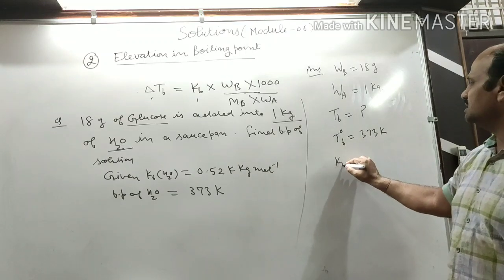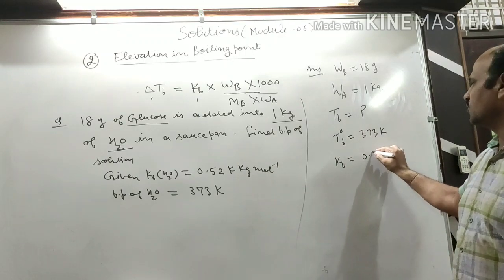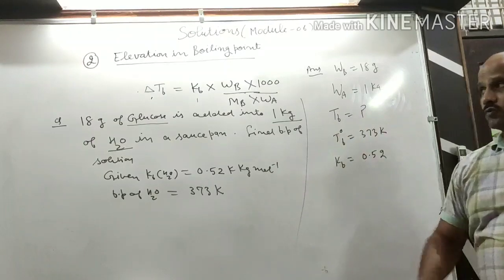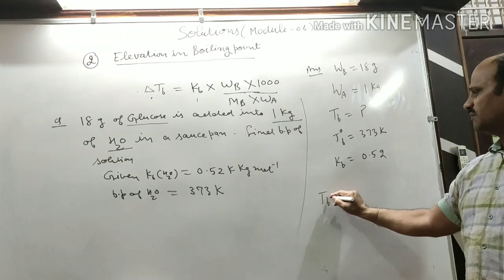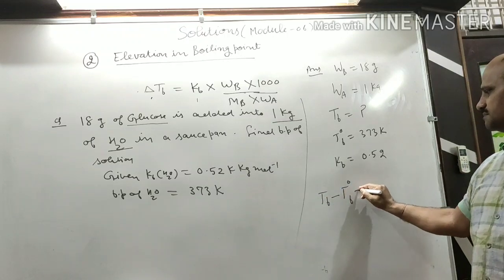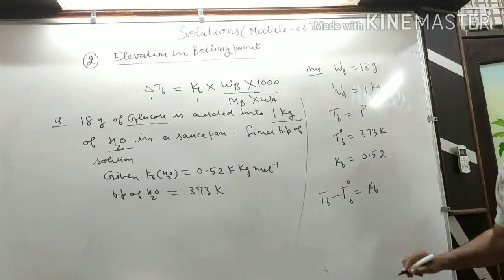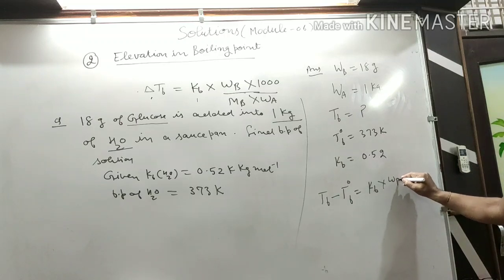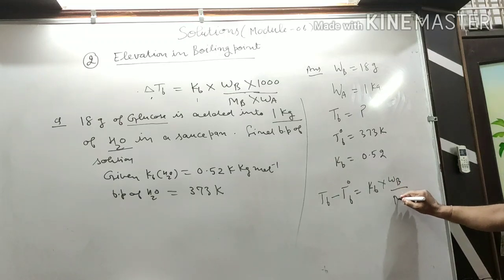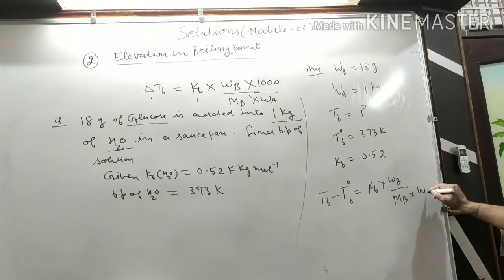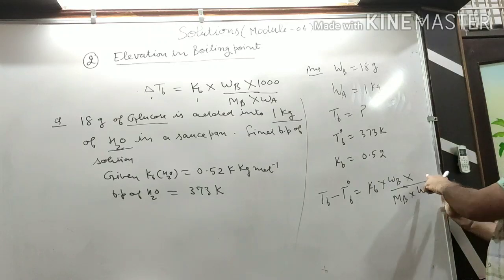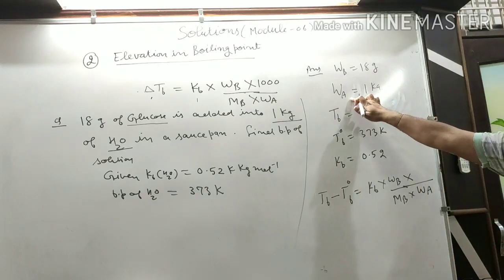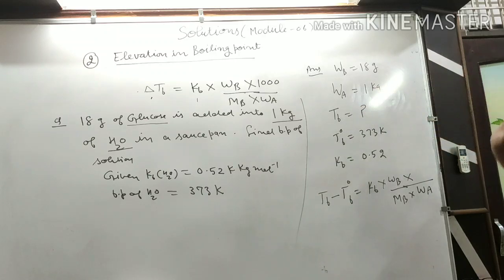KB is also given, that is 0.52. Putting in the formula, delta TB, that is TB minus T naught B, equals KB into WB upon MB into WA. Here there is no requirement to multiply by 1000 because the mass of solvent is given in 1 kg.